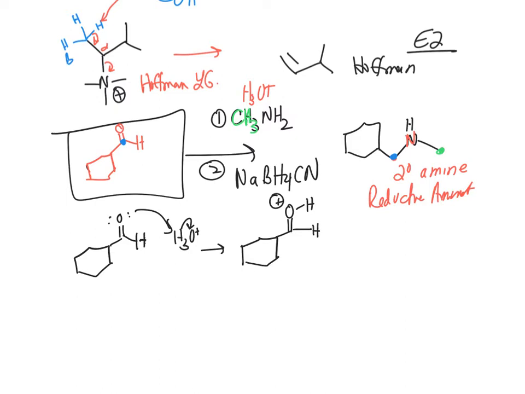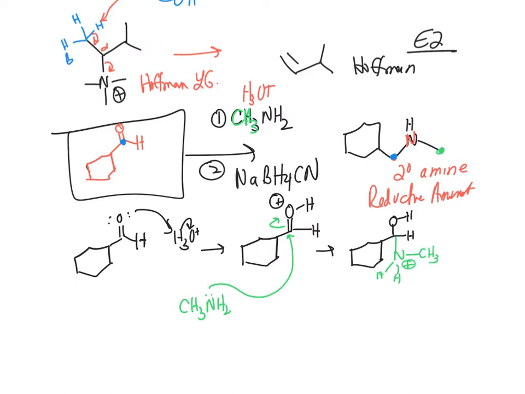So we first protonate the carbonyl oxygen, and then we have the weak nucleophile, which is your methylamine, and this is going to make a tetrahedral intermediate. And as you can see, we still need to take this water here. This becomes water, and we'll need to deprotonate this to get a neutral intermediate, which makes your catalytic acid.